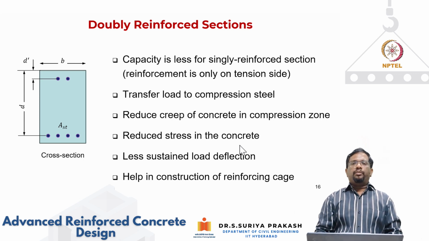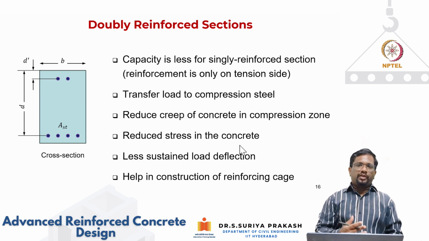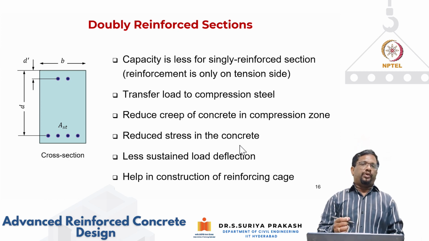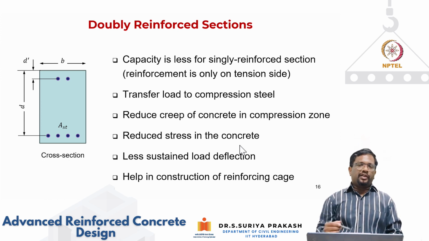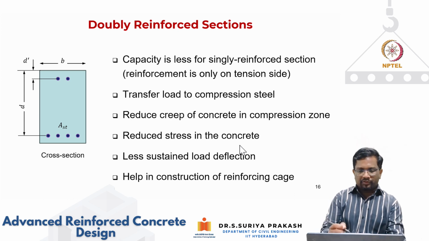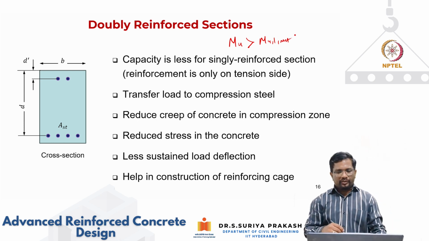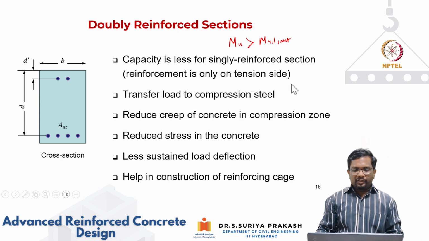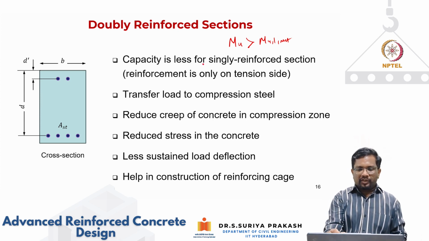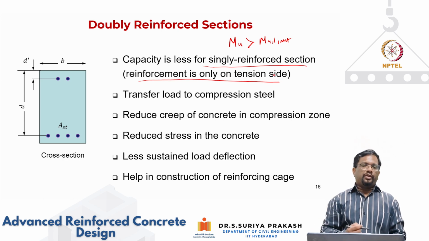Now, there may be situations where your moment demand from your analysis is higher than what you can have for a singly reinforced section, that is your Mu limit. So, in this case, Mu is going to be greater than Mu limit for your singly reinforced case. Okay, so the capacity is going to be less for a singly reinforced section, where reinforcement is provided only on one side.